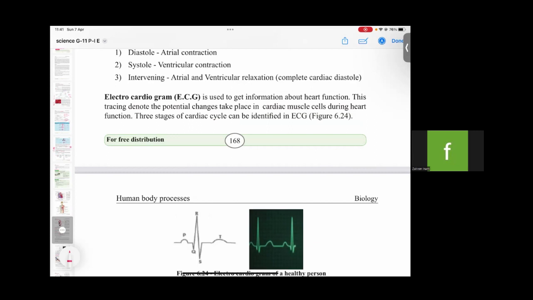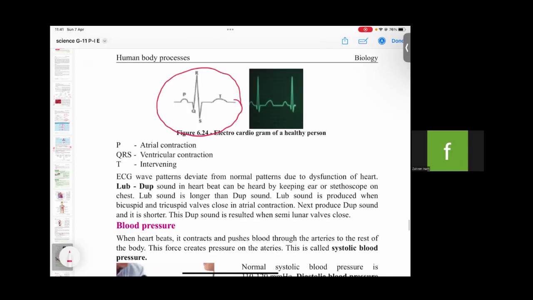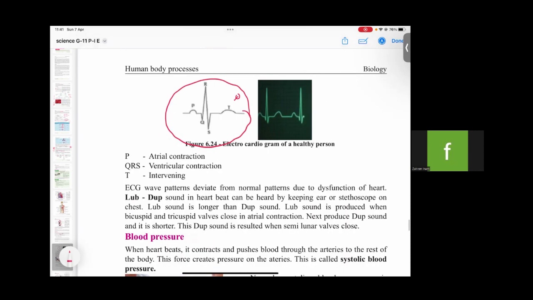This is the general ECG, the pattern a normal person has. ECG wave patterns deviate from normal patterns due to dysfunction of the heart. This wave will be gone, or this will be very big, so that tells you what the problem with the heart is.